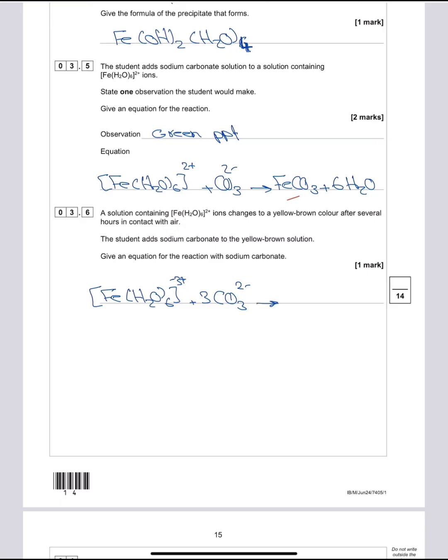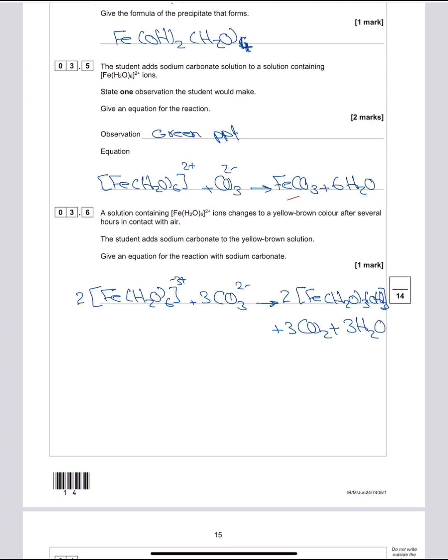That will give you, and 2 of the iron, so you can balance the equation. So 2 of the Fe(H2O)3(OH)3 plus 3 CO2 and 3 of the water molecule.